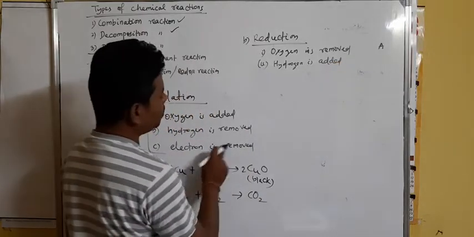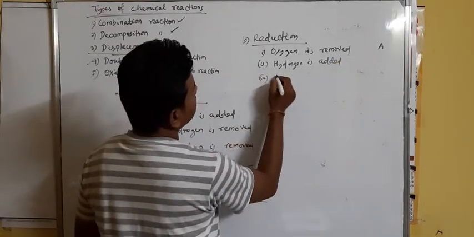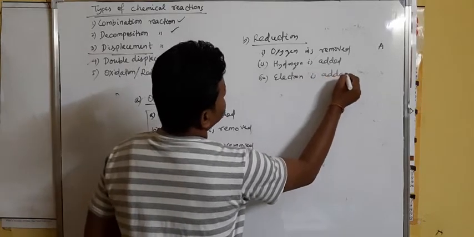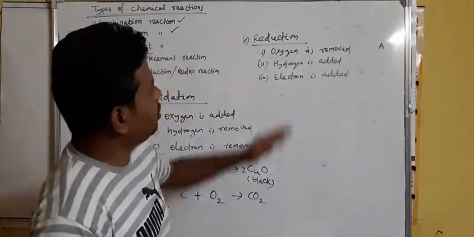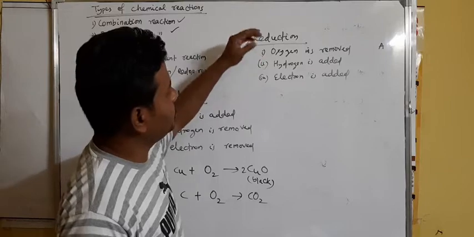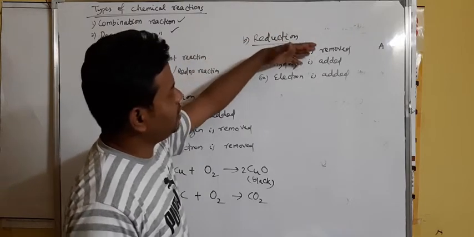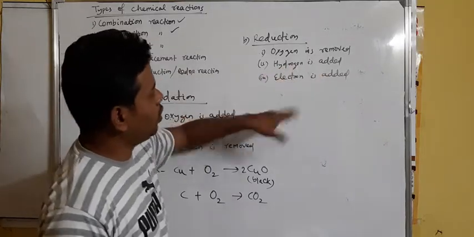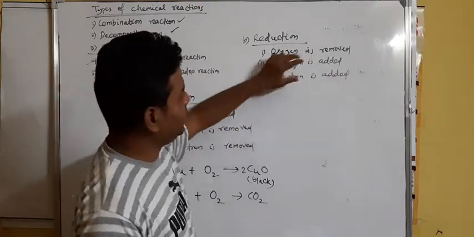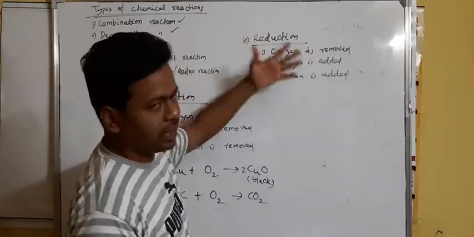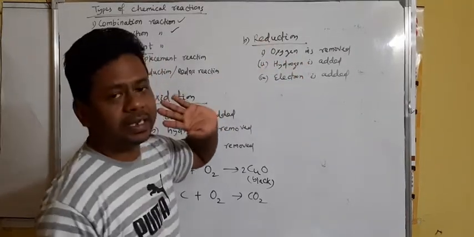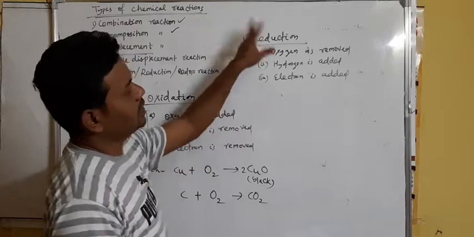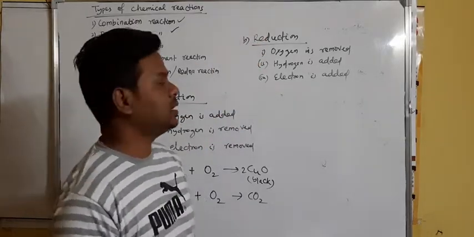Here an electron is removed, here an electron is added. It means a reaction can be called a reduction reaction if oxygen is removed or hydrogen is added or an electron is added. If you remember the oxidation ones and make them opposite, then it becomes a reduction reaction.